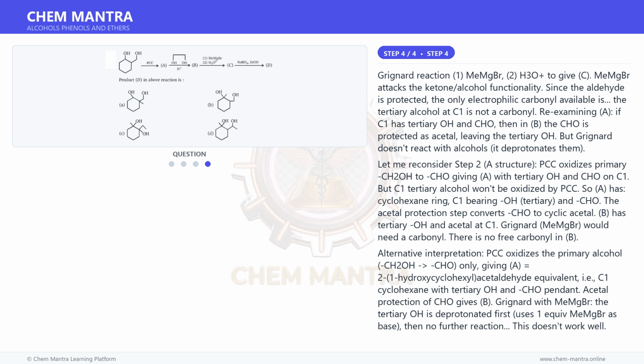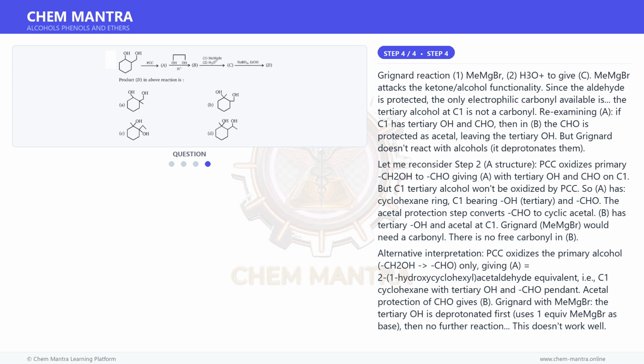Actually, re-examining, if MeMgBr reacts with the tertiary OH by deprotonating it, that is acid-base, no Grignard addition occurs and we get no new C-C bond. But if somehow we get addition somewhere?